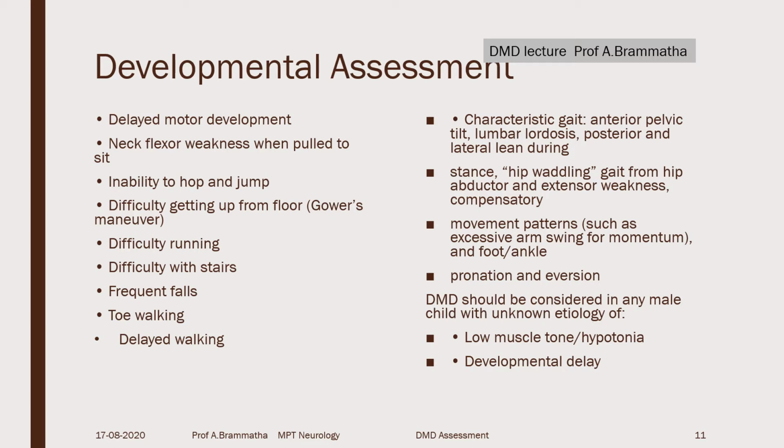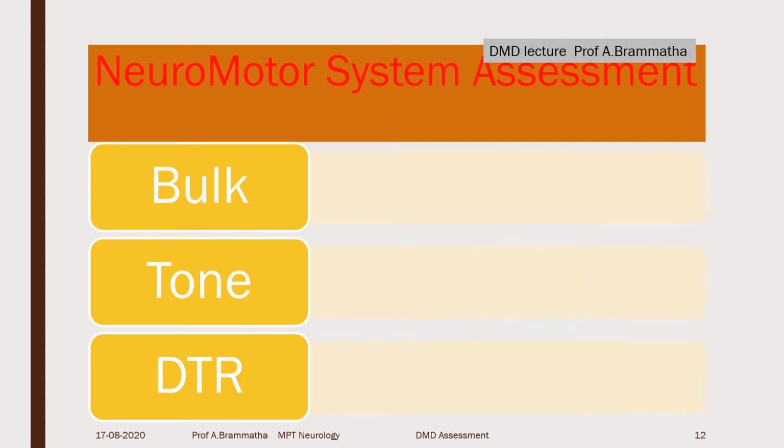And there will be some other associated movement patterns like excessive arm swing to increase the momentum for walking, or swinging the legs so much to gain the stride length or step length. So some kind of abnormal movement patterns you can see, and maybe pronation and eversion because of the foot muscle weakness. And so we have to do a complete developmental assessment to get an entire picture.